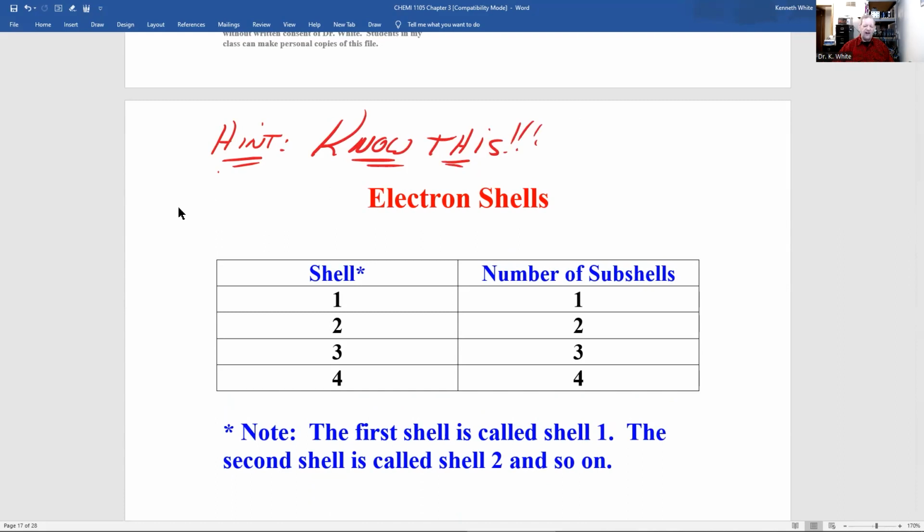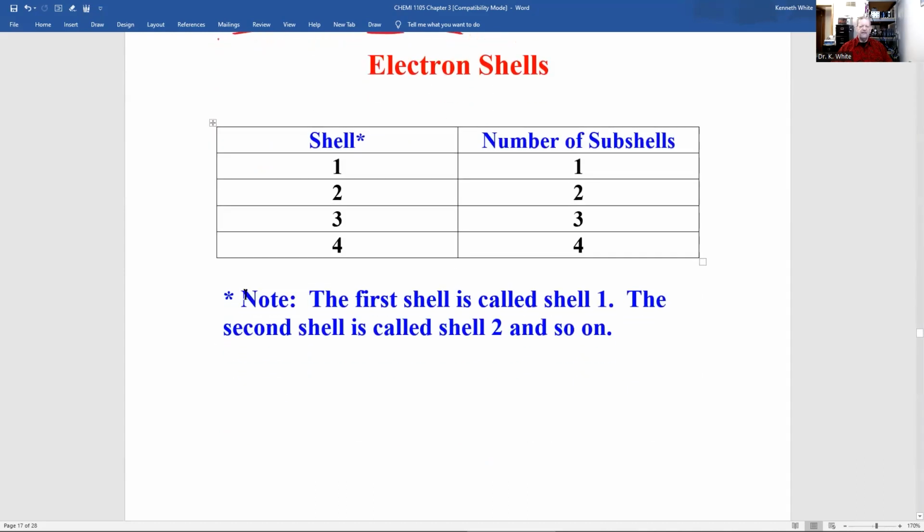Now, electron shells have very difficult names, and they are shell 1, shell 2, shell 3, and shell 4. That's what we'll cover in this class. The first shell is called shell 1. The second shell is shell 2. The third is shell 3. And the fourth is shell 4. Now, shell 1 only has one subshell.